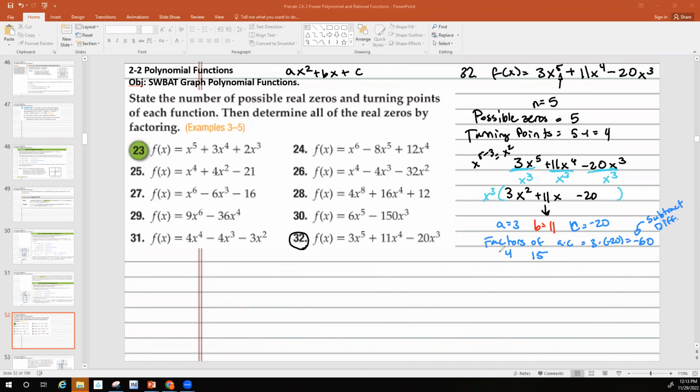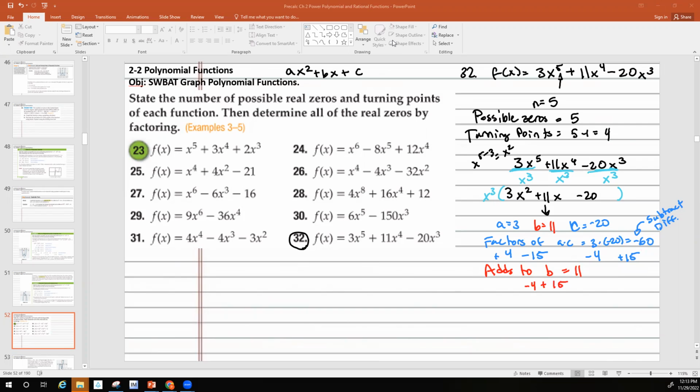So how is that going to give us 11? We have a positive 4 and a negative 15, or a negative 4 and a positive 15. Which of those is going to give us positive 11? It's the negative 4 plus 15.